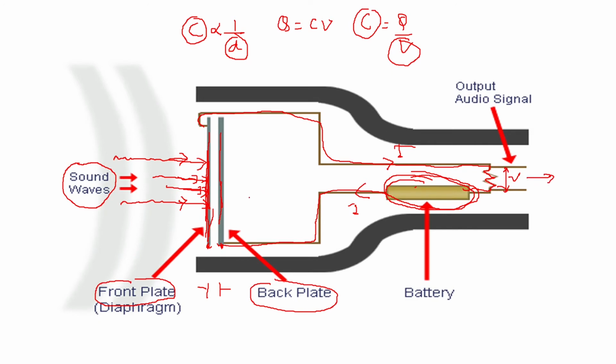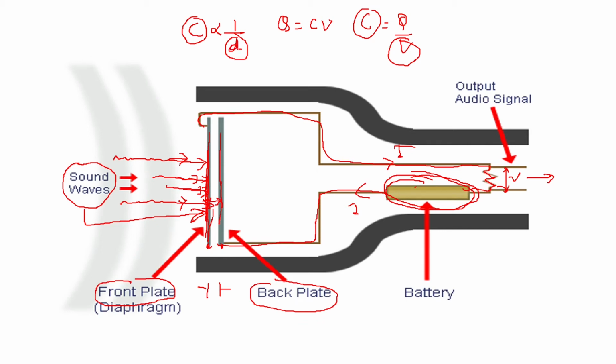Now when the diaphragm is vibrating because of the incident sound waves, depending upon the sound waves striking, the diaphragm will vibrate. That vibration will increase or decrease the distance between the two plates, as per this formula.